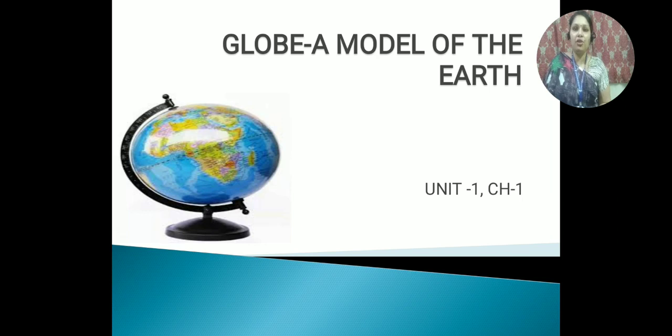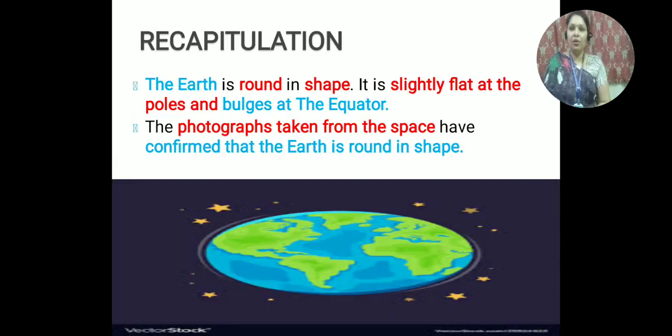But before going to a new topic, we will do a quick recapitulation of whatever we have studied in the earlier class. Now, the earth is round in shape. As we discussed earlier, it is slightly flat at the poles and bulges at the equator.